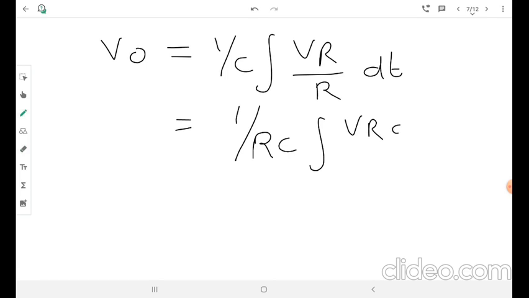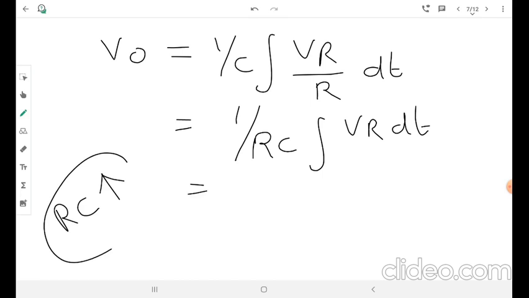What is the value of VR? We know that for a low pass RC circuit to work as an integrator, RC is very much high. If RC is very much high, that means the reactance will be very less, and so the capacitor charges very slowly. So almost all the voltage drop will be across this resistor. The capacitor acts as a short circuit, and the voltage drop across the capacitor is almost zero. That means the voltage drop across the resistor VR is almost equal to the input voltage.